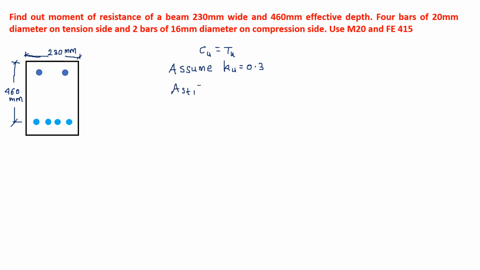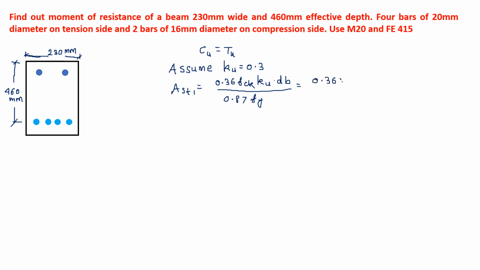We have Ast1 equal to 0.36 fck Ku into D into B upon 0.87 into fy. So now we will put in the values.